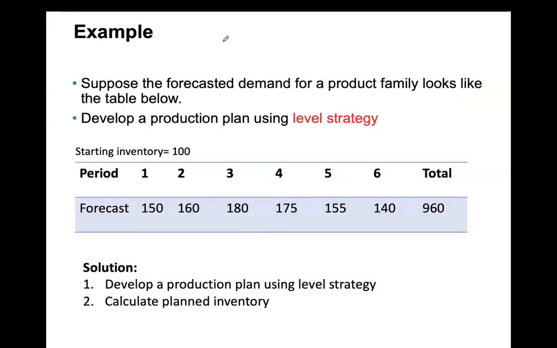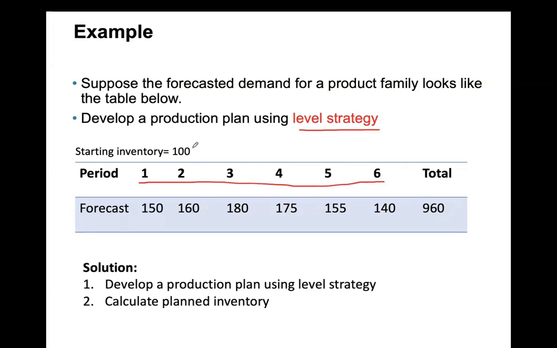Now here is another example. Suppose the forecasted demand for a product family looks like the following. Develop a production plan using level strategy. Okay, so here is level strategy. That's a critical piece of information, which means that for all these periods we have 1, 2, 3, 4, 5, 6. So for all these periods we have to produce the same quantity.